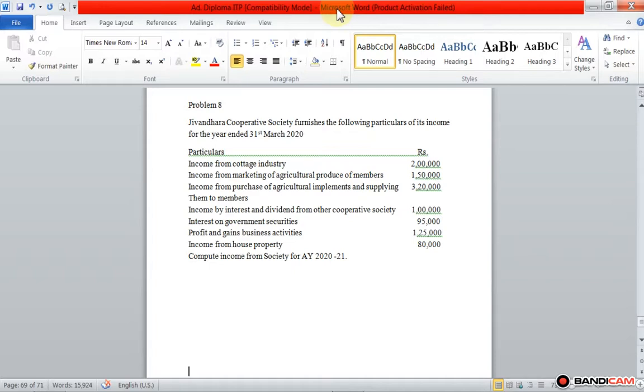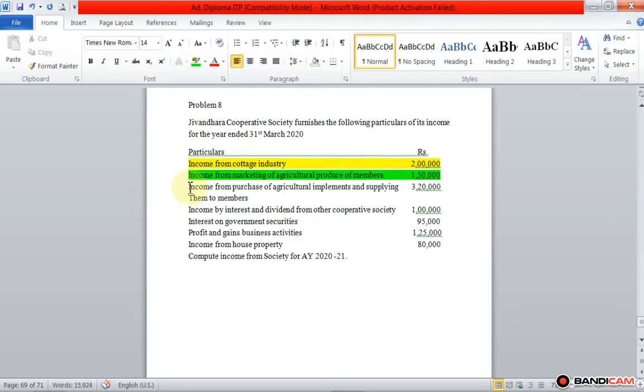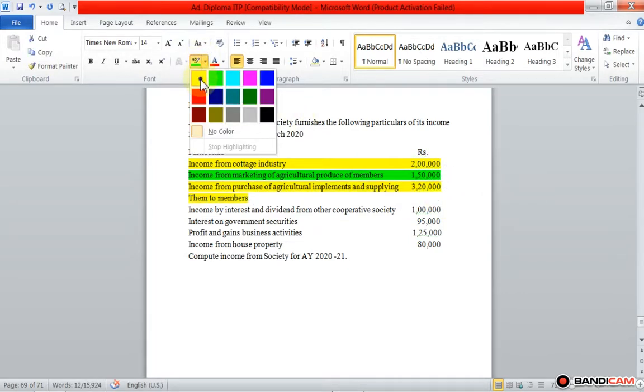Here income from cottage industry is income of cooperative society. Then income from marketing of agricultural produce of members, 1,50,000, is also income of cooperative society. Then income from purchase of agricultural implements and supplying them to its members is also income of cooperative society.